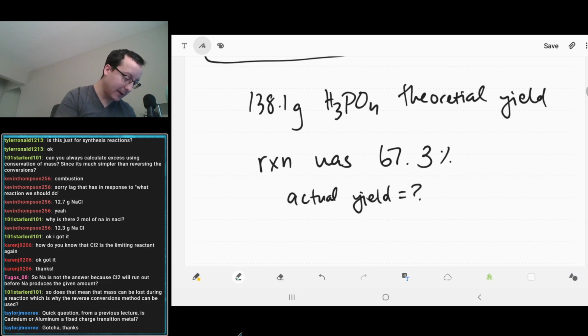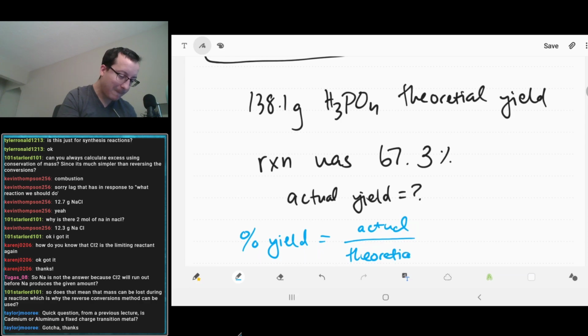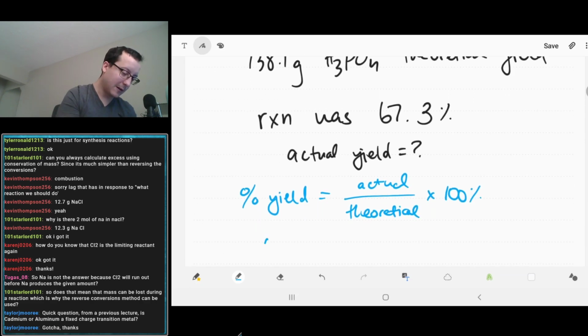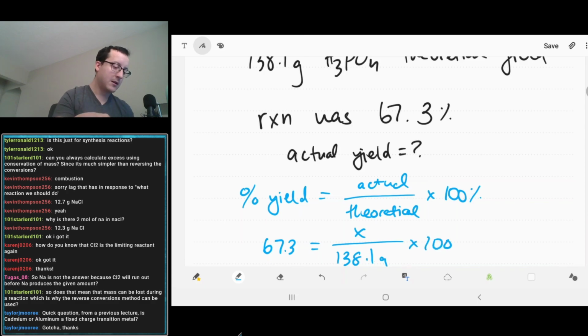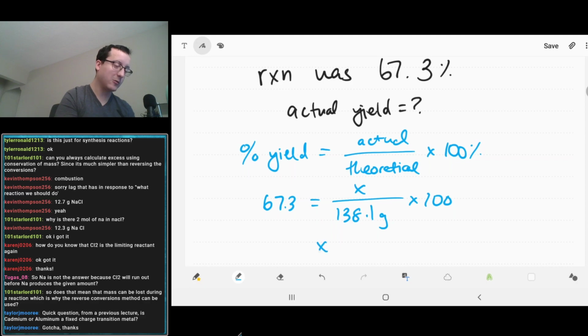By understanding that, again, it's just a formula, right? We have percent yield is actual over theoretical times 100. So 67.3 is x over 138.1 grams times 100. X equals, let's find out.